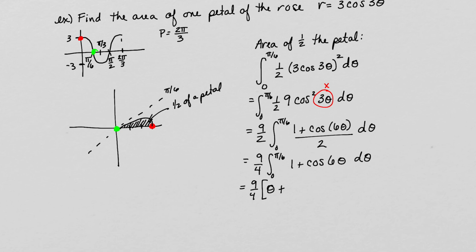Not 6 sine of 6 theta, but close. So it definitely has the sine of 6 theta, but it's 1/6. So 1/6 the sine of 6 theta from 0 to pi over 6.